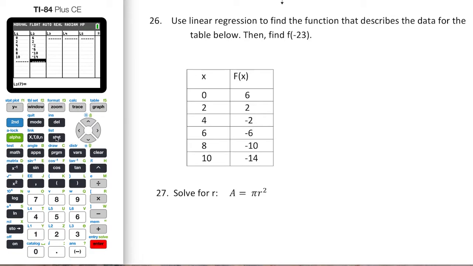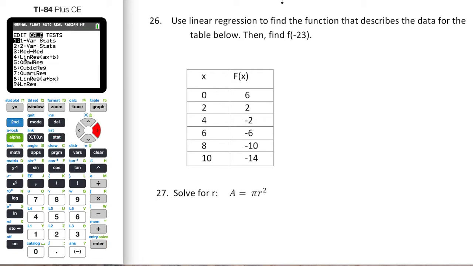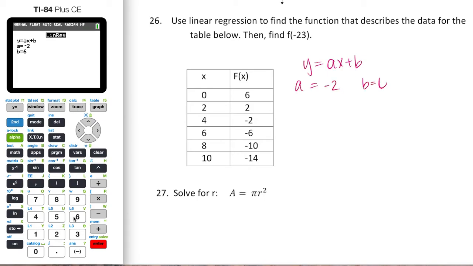So to run our linear regression, we are going to go to stat, calc, and then if you look number 4, linear regression, enter, enter, calculate our linear regression. So it tells us y equals ax plus b, where our a equals -2 and b equals 6. So we're going to have the equation y equals -2x plus 6.